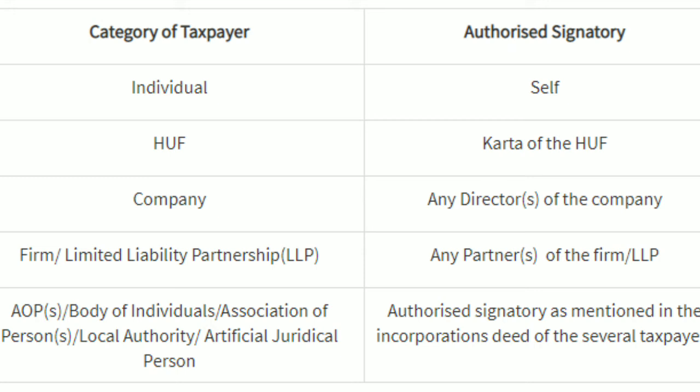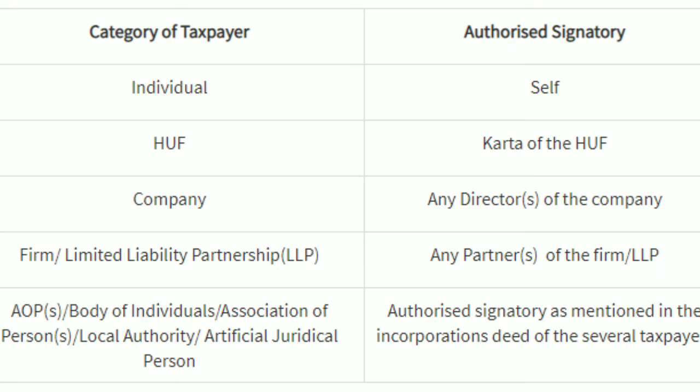As stated earlier, individuals can file their own PAN application form. However, in the case of Hindu undivided families, that is HUFs, Karta of the family is the authorized signatory for filing the application. In the case of companies, any director of the company can be the authorized signatory.